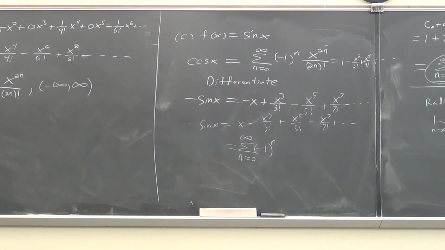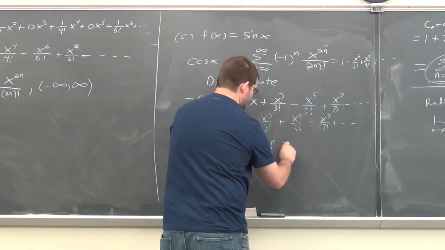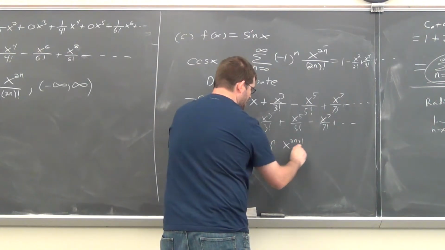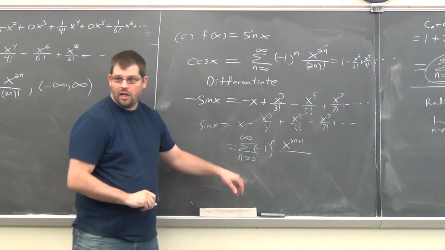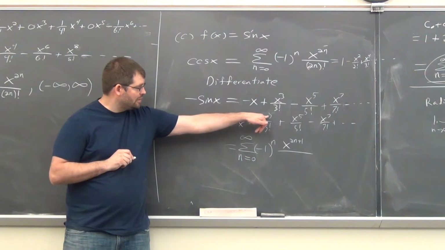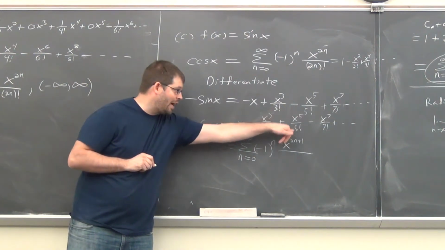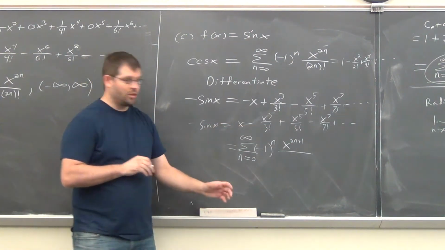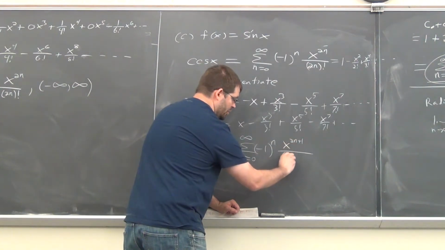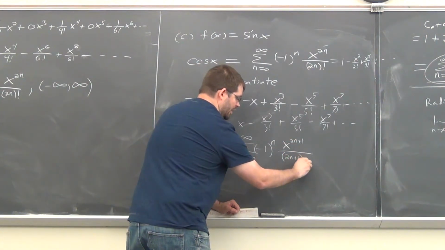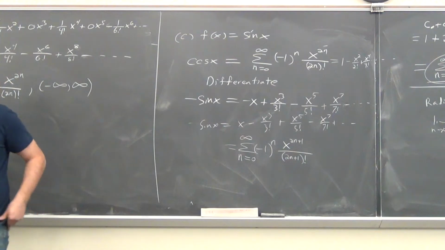Yeah, not just n plus 1, but 2n plus 1, right? 2n gives me the evens, so 2n plus 1 gives me the odds. x to the 2n plus 1, and then whatever that exponent is on the x, 3, I want 3 factorial, 5 factorial, right? So I just take that exponent, 2n plus 1, and I take the factorial of the whole thing. That make sense?